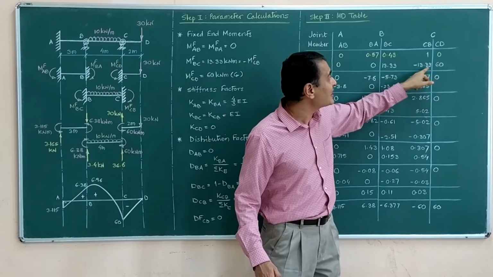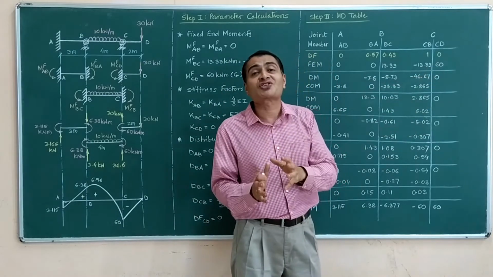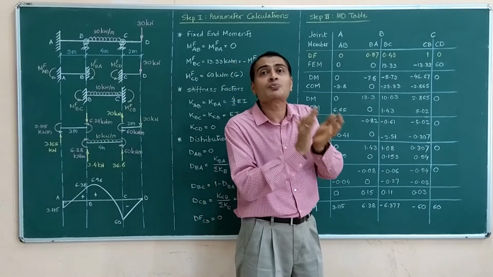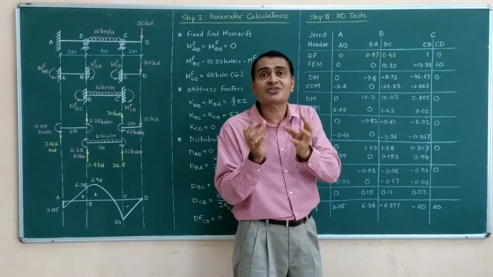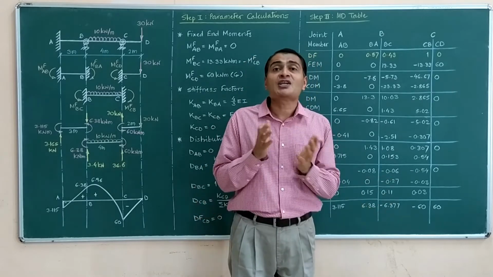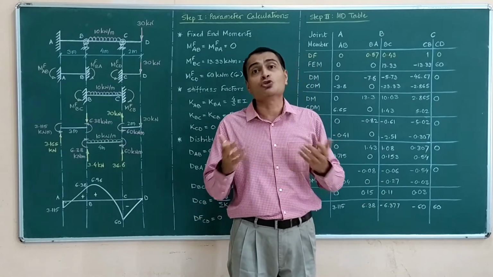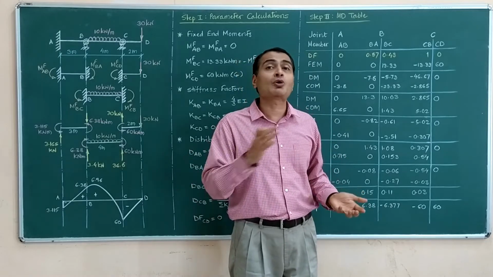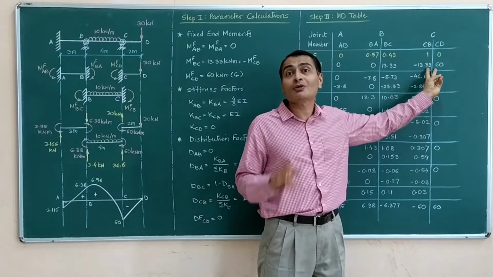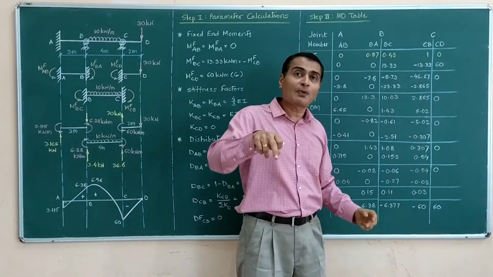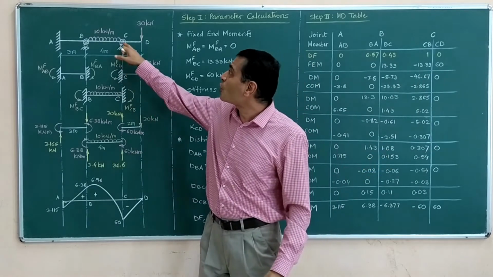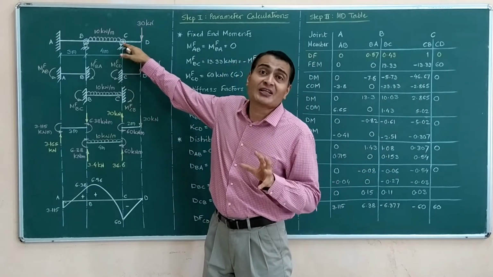Similarly, here there is an imbalance of 60 minus 13.33. Add M of CD and M of CB with plus minus signs, whatever remains is in excess. The addition should be 0 for a balanced joint. M of CD plus M of CB should be 0, but we are going to get 46.67 positive. So I apply negative 46.67 at joint C to balance it.